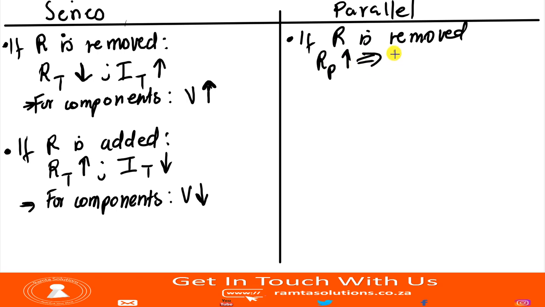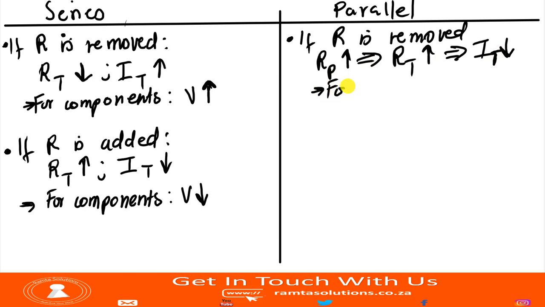And this implies RT increases. Now, if RT increases, this also implies that current decreases. Here I'm talking total current. Total current decreases.